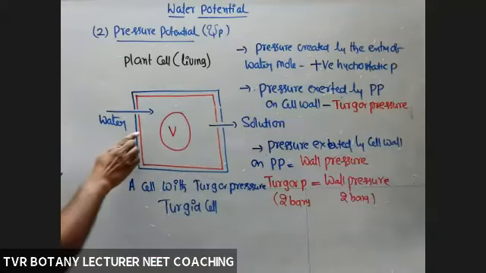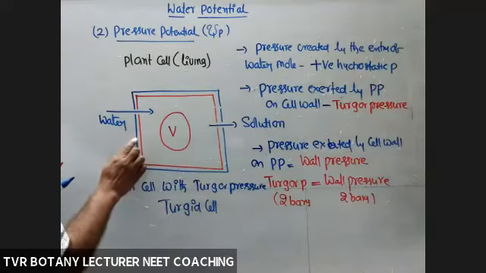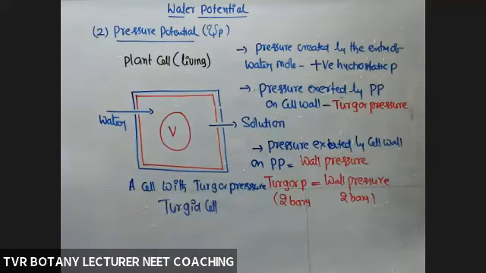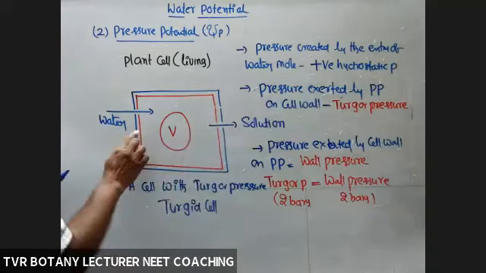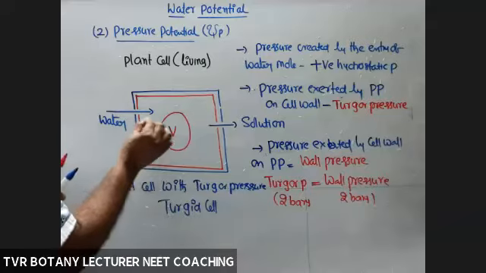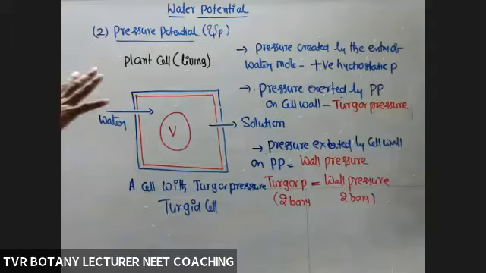Okay, so if the plasma membrane is completely pressed against the cell wall, turgor pressure is present. Otherwise, no turgor pressure. So positive hydrostatic pressure, turgor pressure, depends on its attachment with the cell wall. If it is not in contact with the cell wall, there is no turgor pressure. Zero you have to take. I'll give you values later. So understand the first concept.